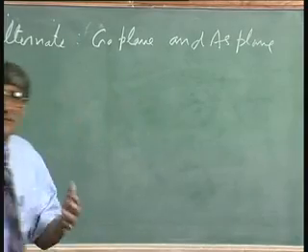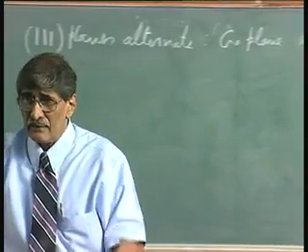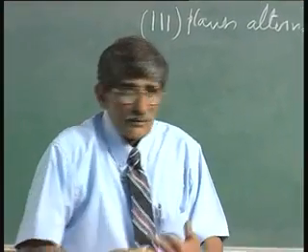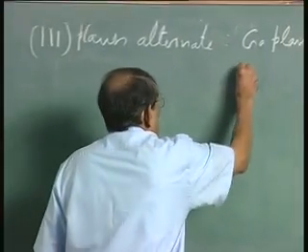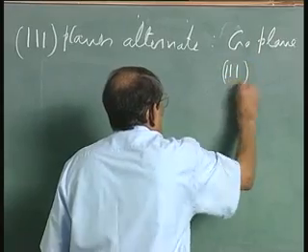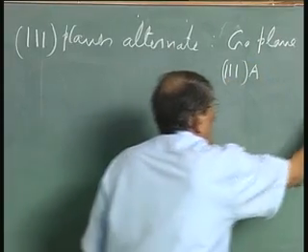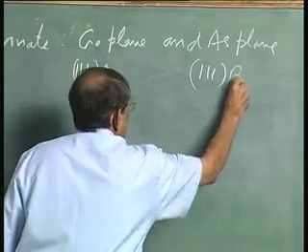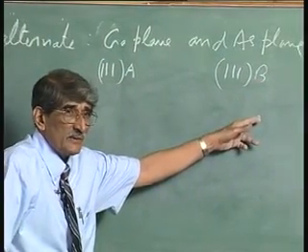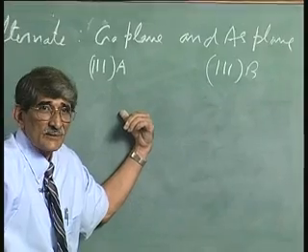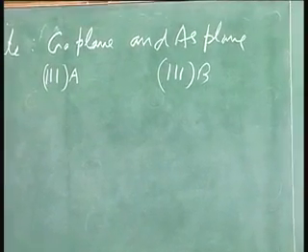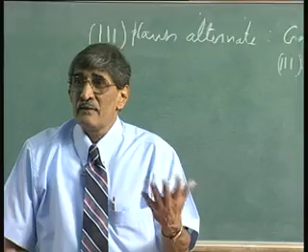This is true whether you talk of gallium arsenide, gallium phosphide or gallium nitride. So, to keep it general, they will call it 111 A plane, 111 B plane, B referring to the fifth group, A referring to the third group. So, A plane, B plane. The 111 A plane has gallium, the 111 B plane has arsenic.